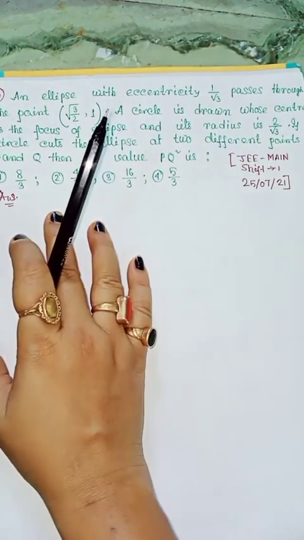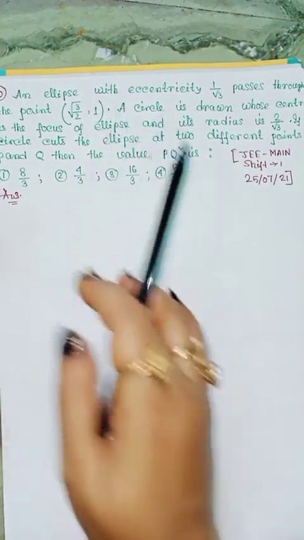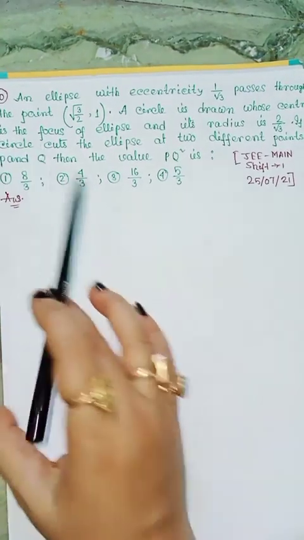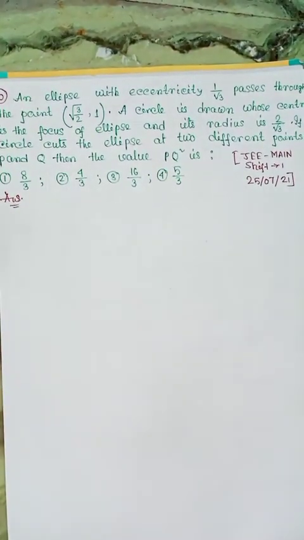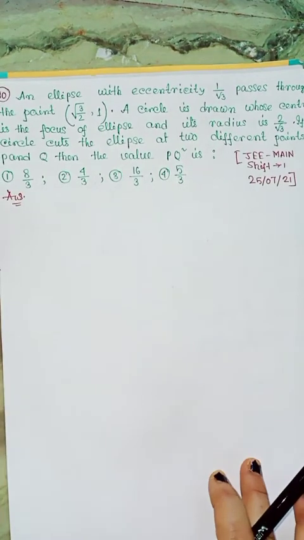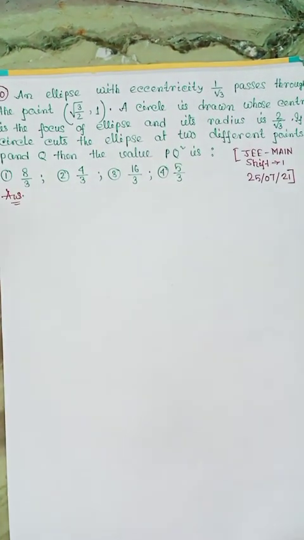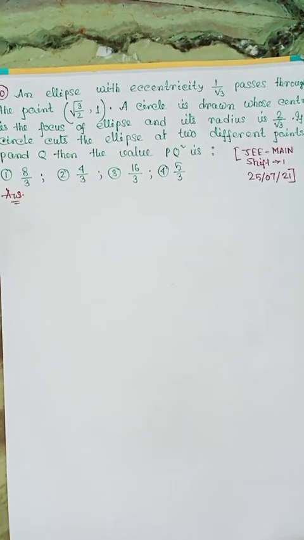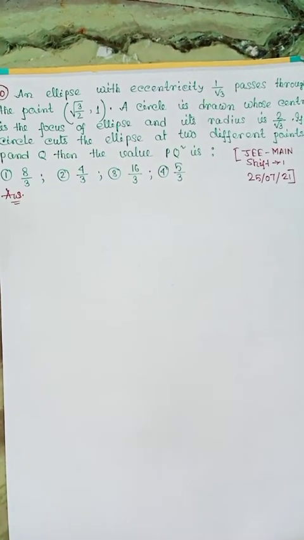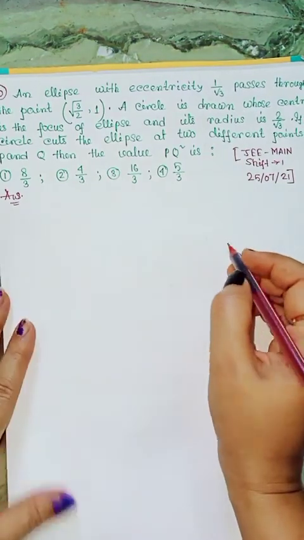If the circle cuts the ellipse at 2 different points, P and Q, what is the value of PQ square? 4 options are given. So this is the question on geometry. At first let's draw the picture.